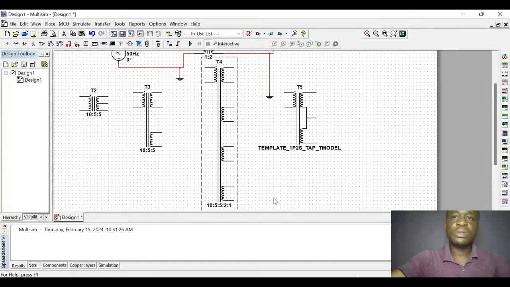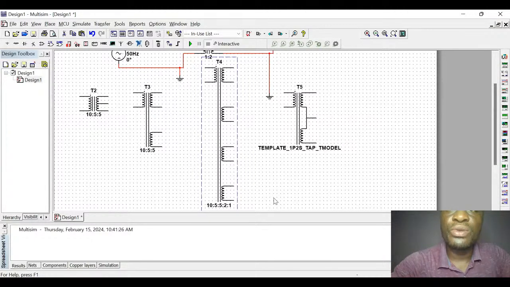Let me look for it. If it's there in my phone, I will share it with you. Just hold on a bit. If it's not there, I will look for it, because the transformer is one of the places I went to work.